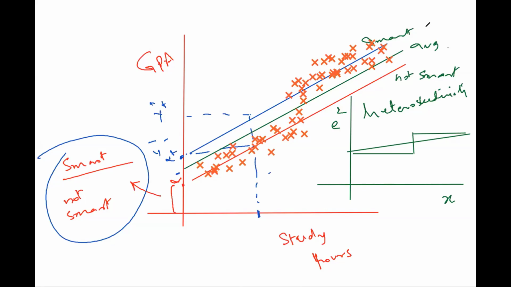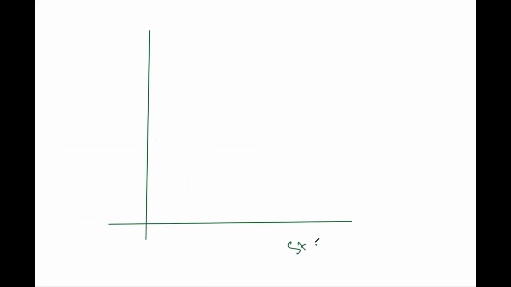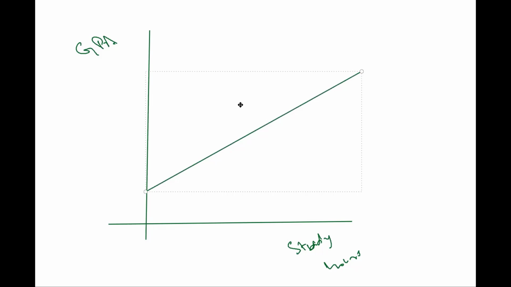So let's go towards the case of slope. Let's say that here it is study hours and there is GPA, and you estimated this model which is positively sloped, and this is actually a good generalization of the theory.